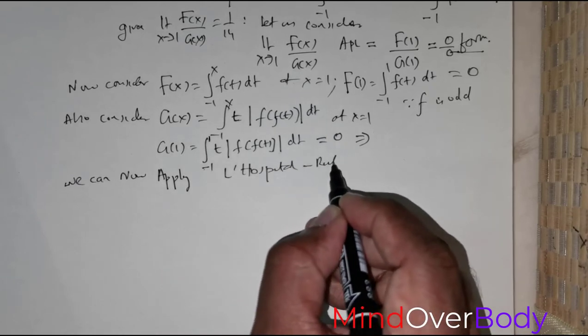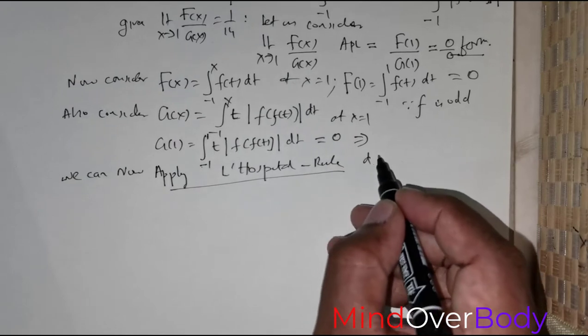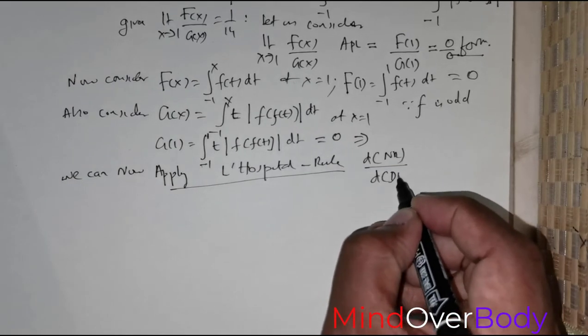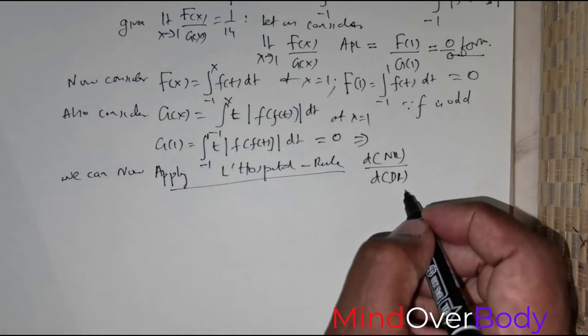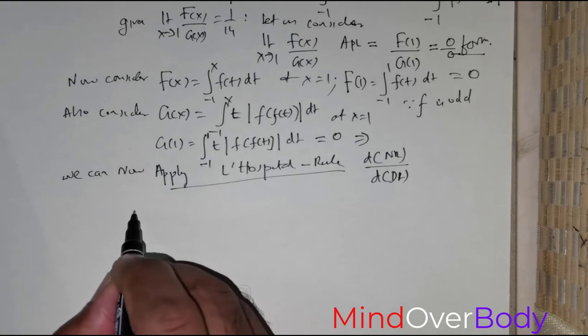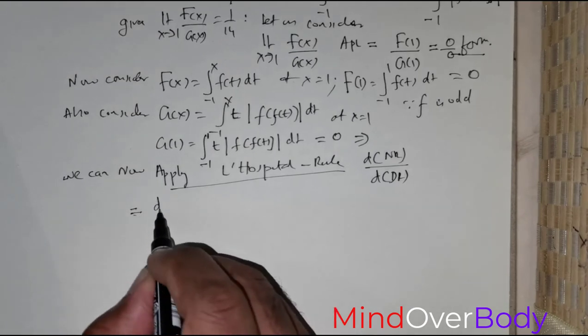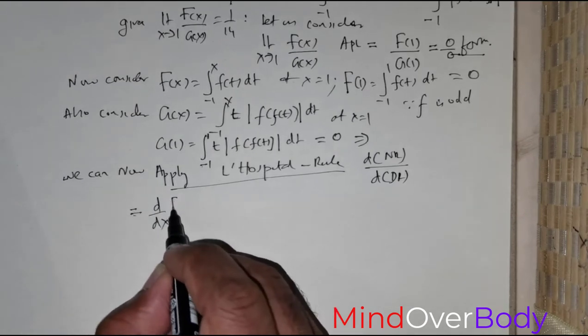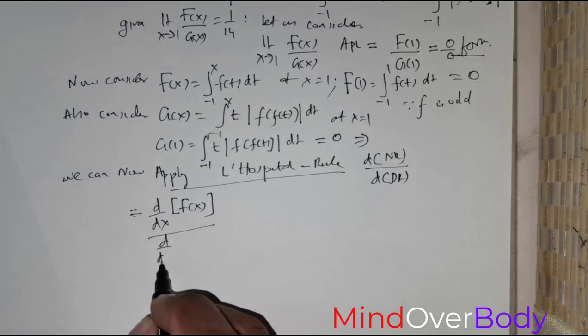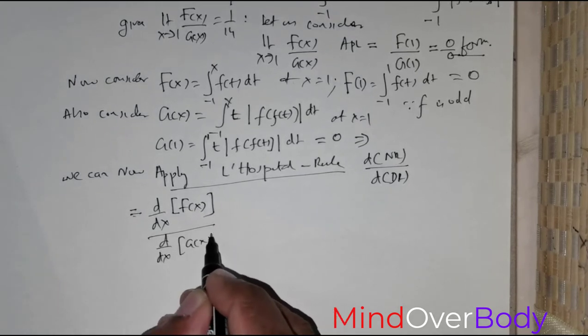Right? So what does the L'Hopital rule state? Differentiating the numerator divided by differentiation of the denominator. So we need to differentiate this. So this is equal to d over dx of F of x divided by d over dx of g of x.